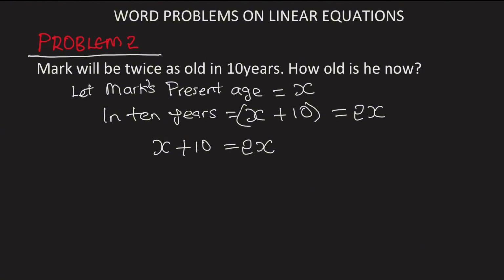We can solve this by getting all the x together. So we subtract x from both sides, which gives us x minus x plus 10 is equal to 2x minus x.